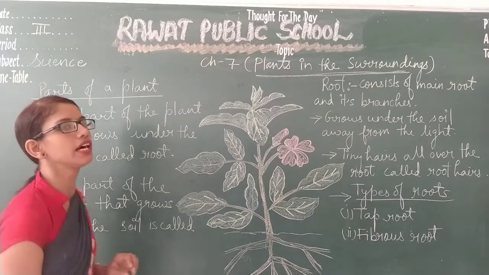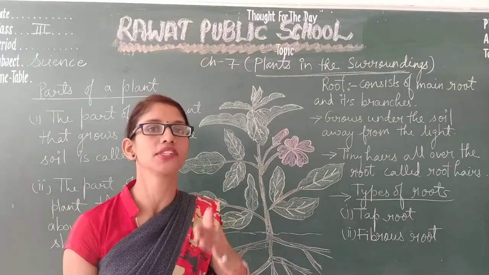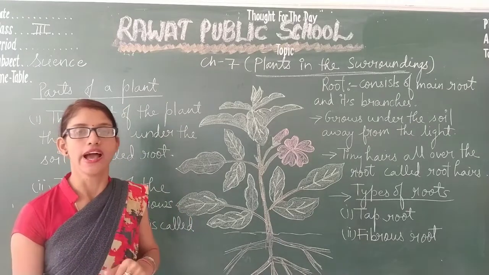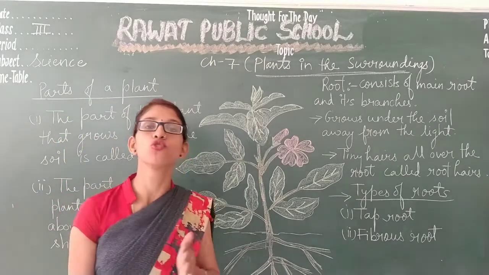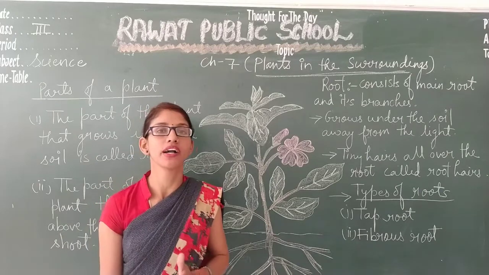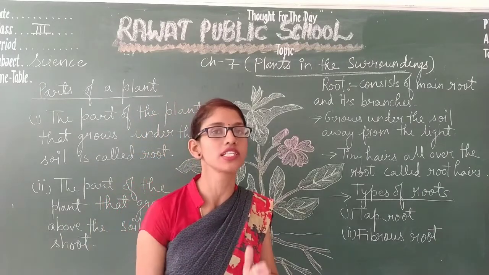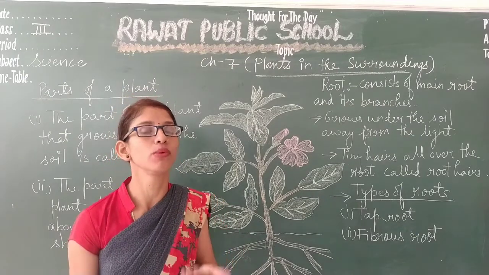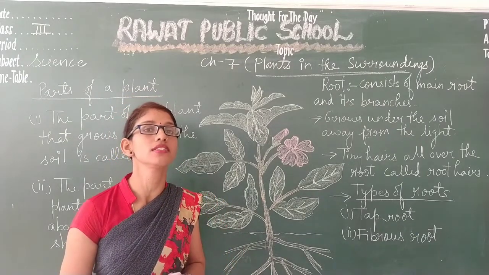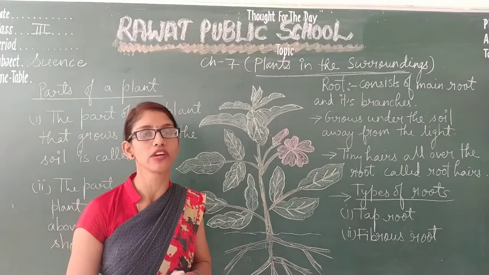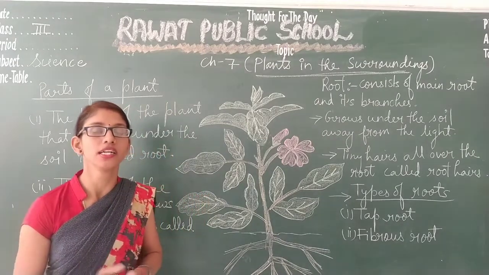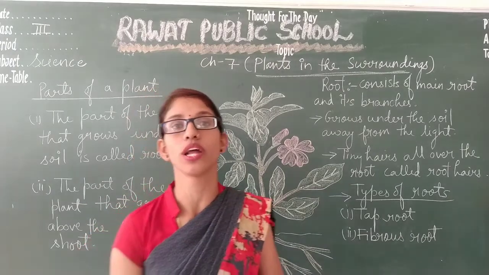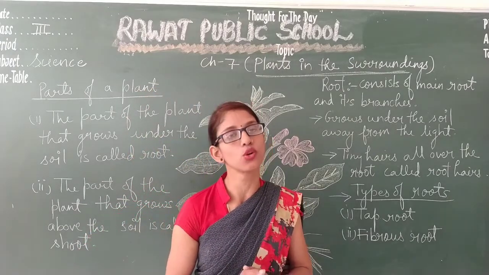If we see a plant, we can divide the plant into two parts, the shoot part and the root part. What is the shoot part? The shoot part is the part of the plant that grows above the soil. प्लांट के वो पार्ट जो सॉइल के ऊपर ग्रो करते हैं are known as shoot system or shoot part, whereas the part of the plant that grows below the soil is known as the root system or root.